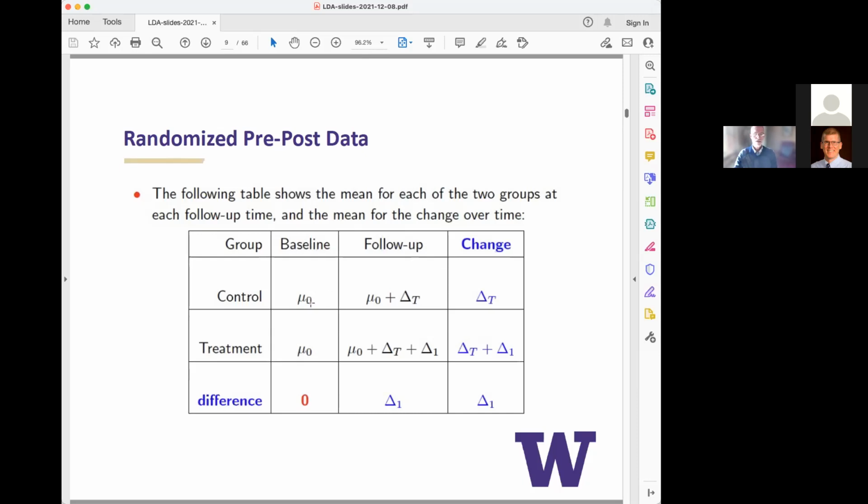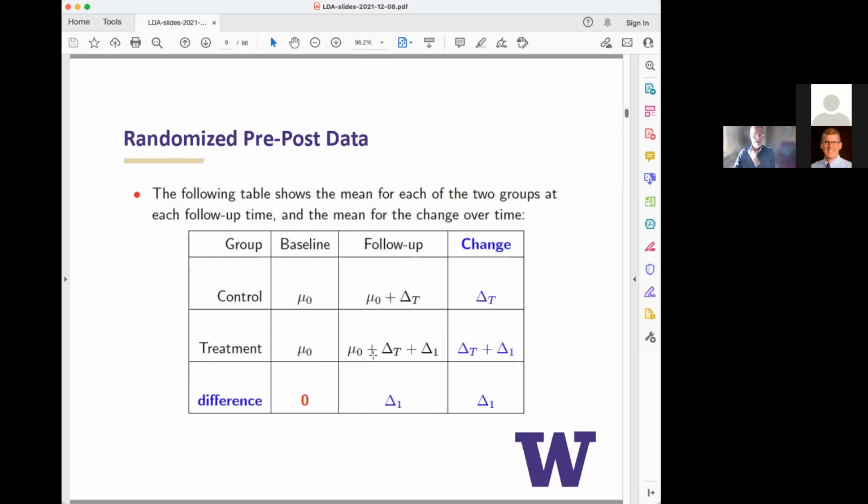Second, we expect the control group to change over time. So now looking across the control group row, there will be the baseline value plus some time change in the control group. Or if you look on the very right column, there'll be an overall mean amount of change in the control group. In the treatment group, we expect a different amount of change.